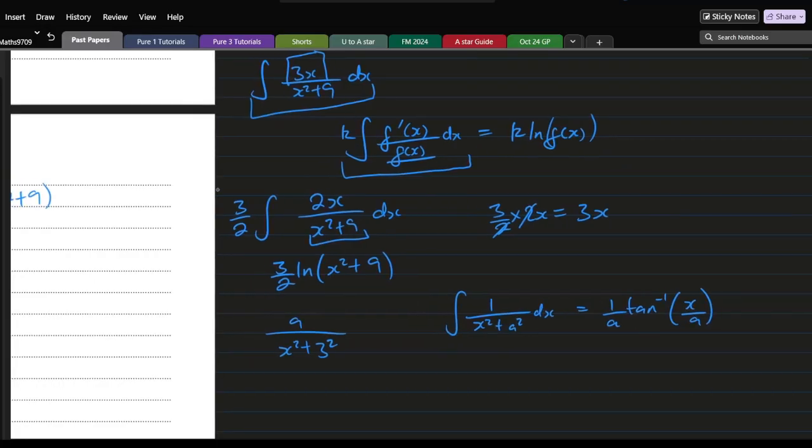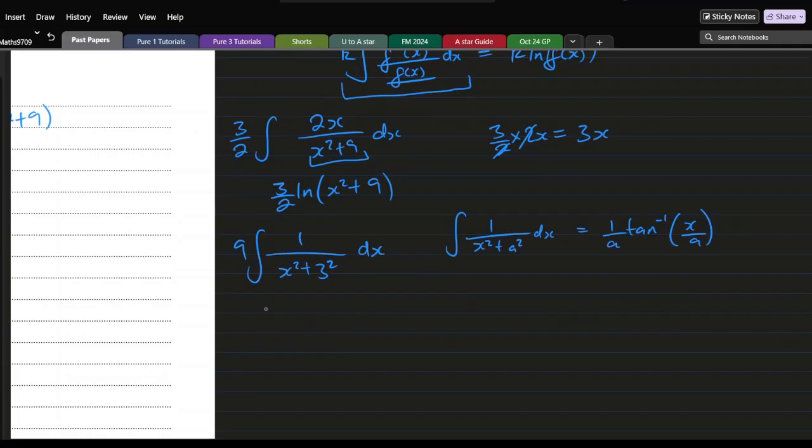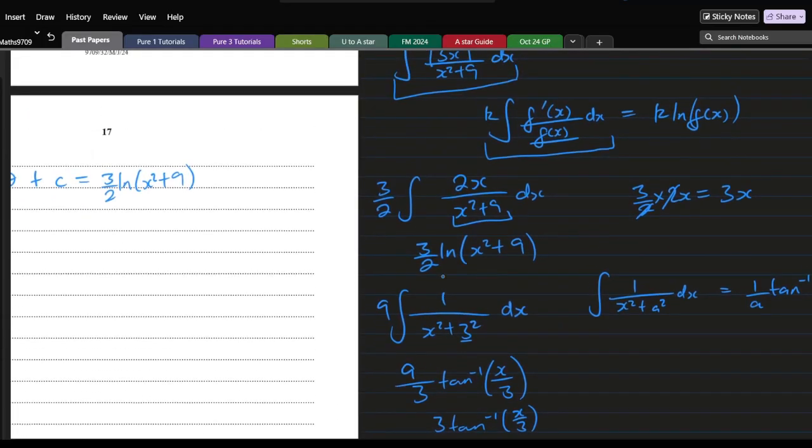So we can take the 9 outside the integral, and then this is 1, with respect to x. So what we end up with is 9 over, what is our a? Our a is 3, and this is arctan of x over 3. So this is 3 arctan of x over 3. Coming back here, this will be plus 3 arctan x over 3.